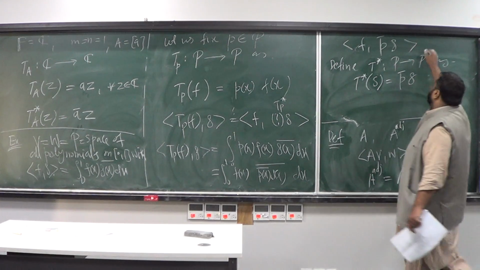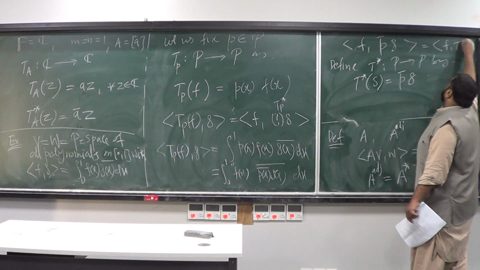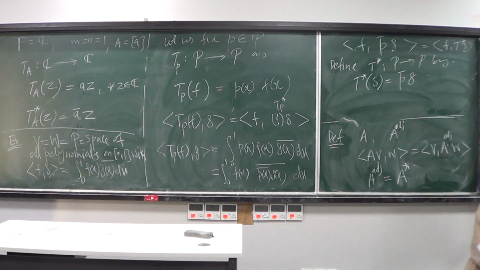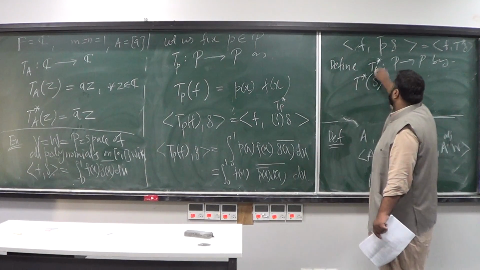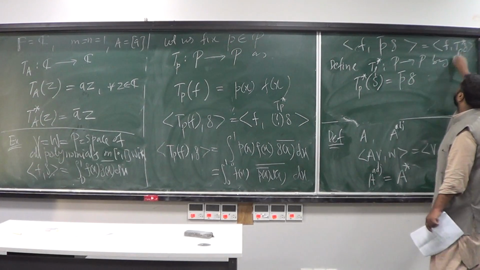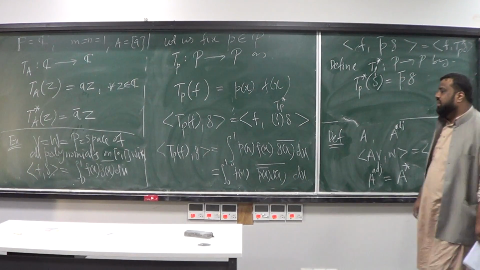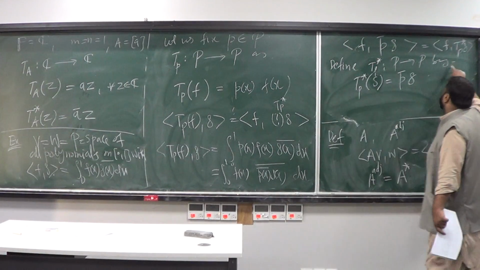With this definition, this will become f and T star g. Okay? And hence we have the identity, maybe if you wish, you can put a p here as well, doesn't matter. So the inner product of Tp f, g is equal to f, Tp star g.